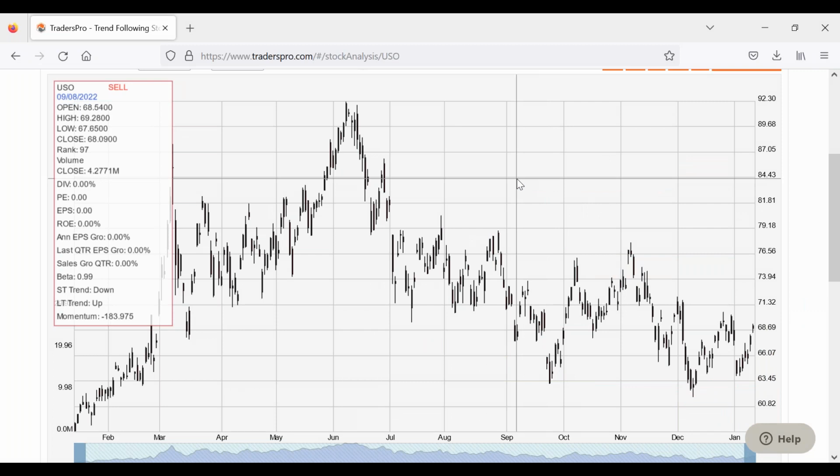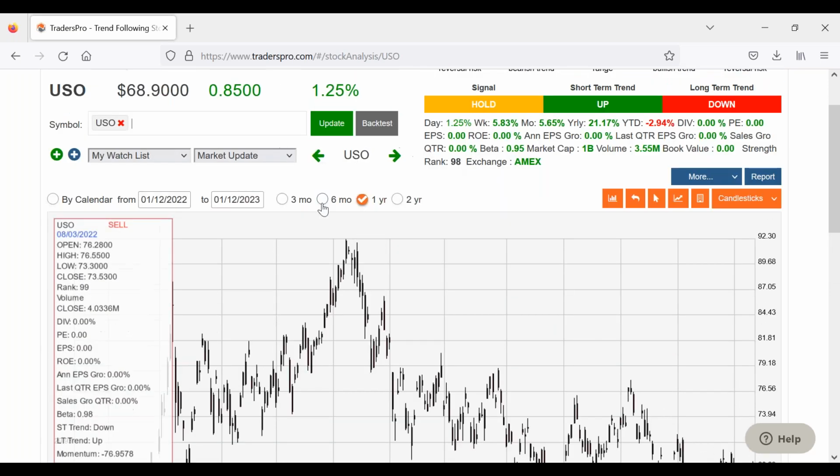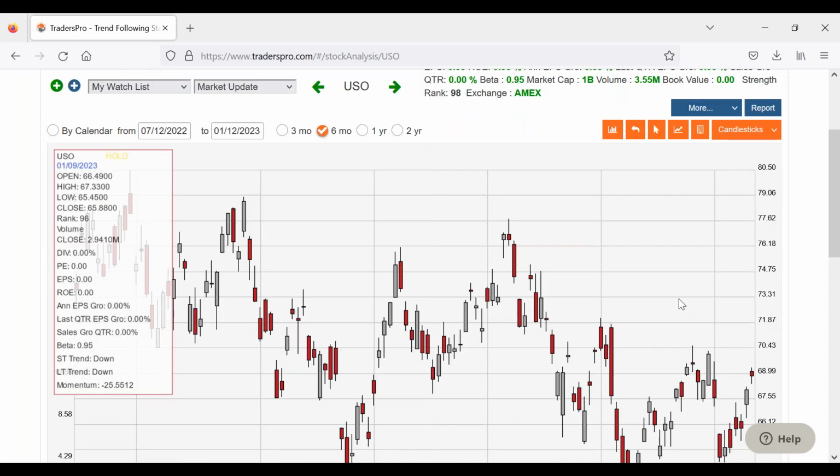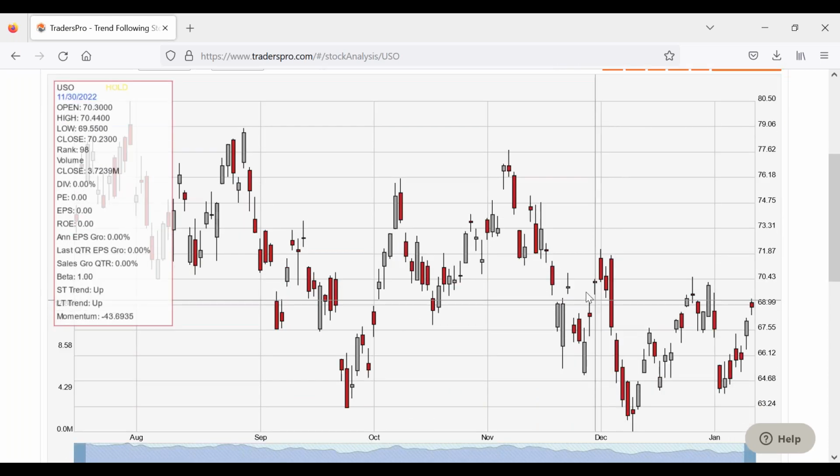Because of the whipsawing it's been in, although oil stocks have been the leadership sector, I haven't liked a lot of the individual oil stocks, and a lot of them haven't looked overly bullish to me. I've just stayed away. But that could change if we start to see oil break out of some of these levels here.